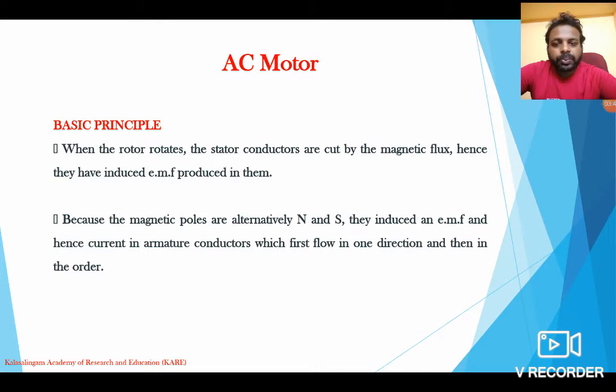It is one of the special characteristics of AC current. For example, if you energize the stator with AC current, the poles of the stator keep on changing, right?